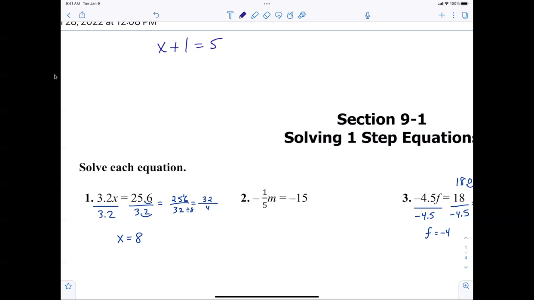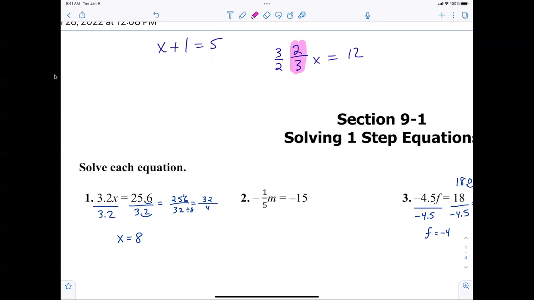All right, so if I had, for example, 2/3 x is equal to 12, to undo a fraction, we say multiply by the reciprocal. So what would be the reciprocal of 2/3? 3/2. All right, it would be 3/2. You're looking at this number, just like if it was a division problem.